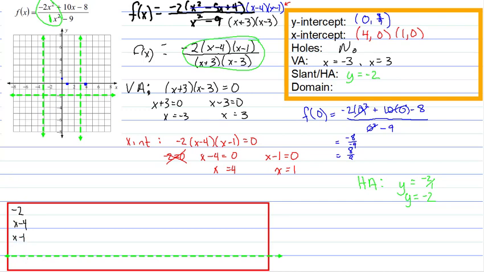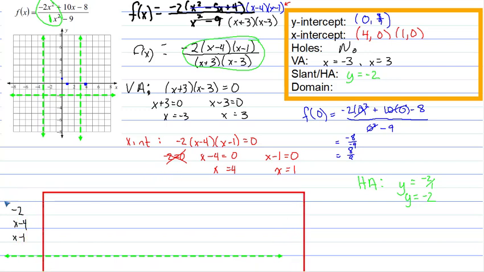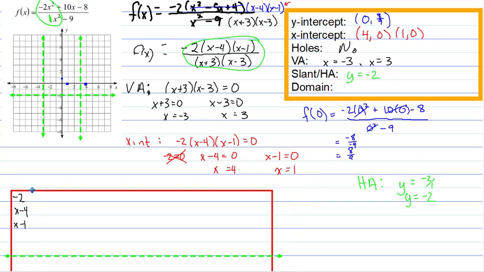Oops, I did not give myself enough space. x plus 3, x minus 3, and this is our f of x.